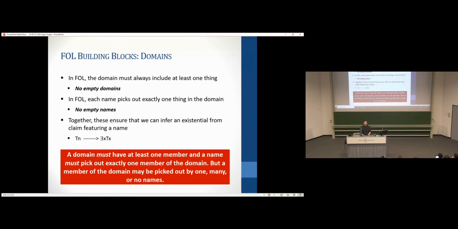There are no empty names. Together, these ensure we can always infer an existential from any named sentence. So if we know Tn, even if we don't know who n is or what n is, we know there's going to be something in the domain that's a T. This is a very handy inference.